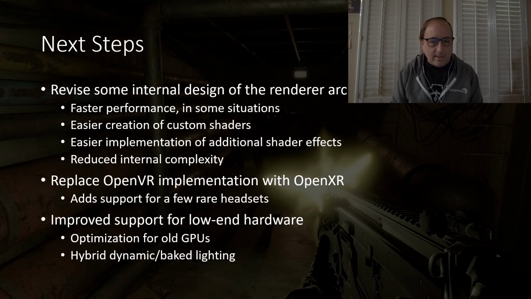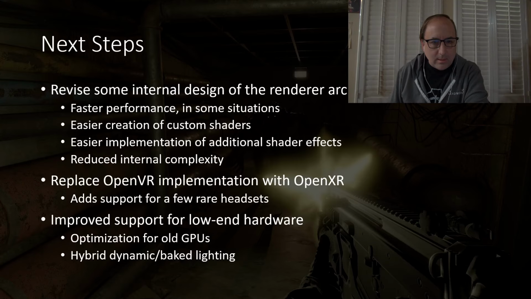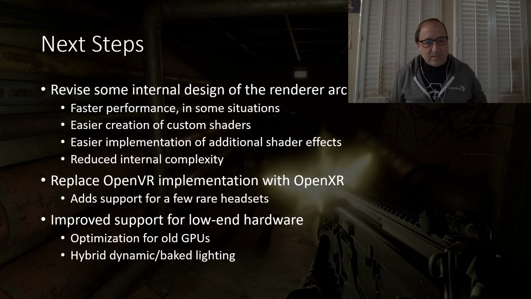One thing that's going to be important going forward is I want to optimize things for older hardware. One way to do this is through a hybrid dynamic baked lighting system.